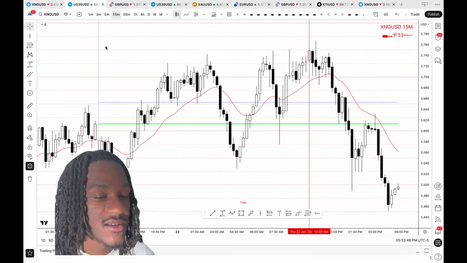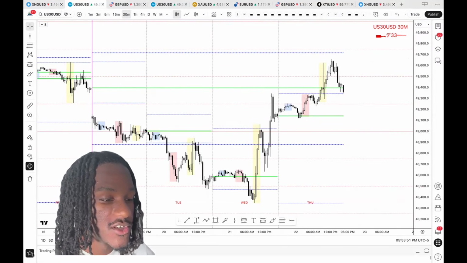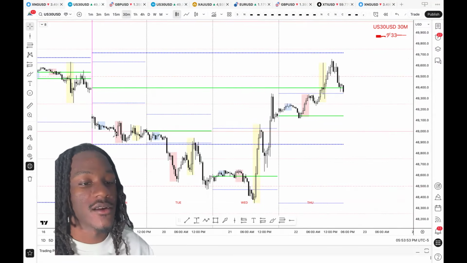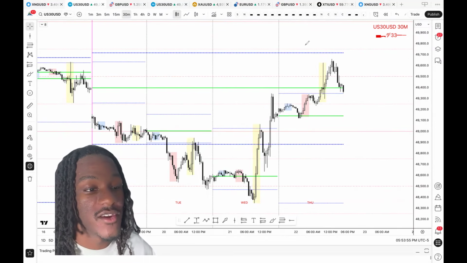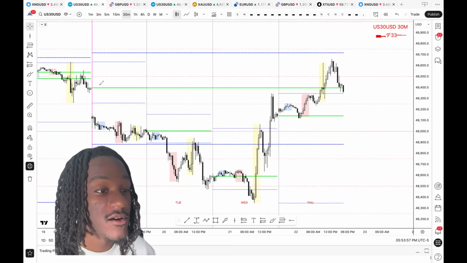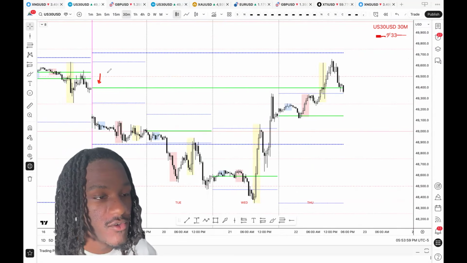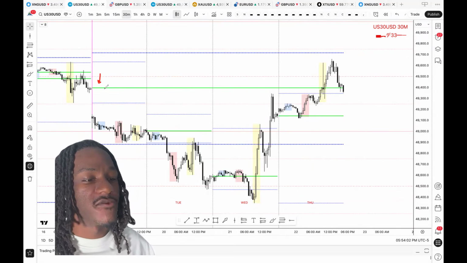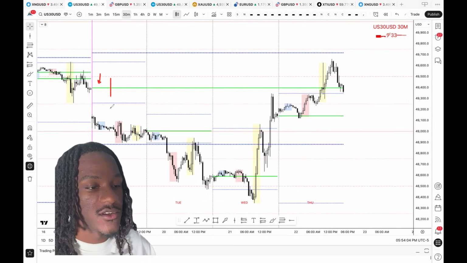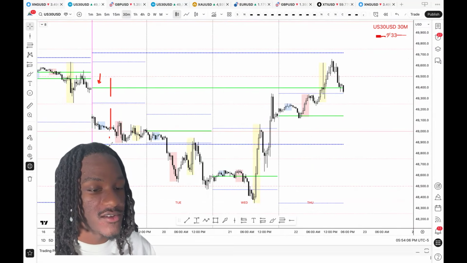Let's go to the next example here on the US30. I'm just showing you guys the weekly template outlook. This is a 250 pip increment box here. So from the closing price, if you round this up, we're at 50. So we drop 25, 25, 25, three levels.